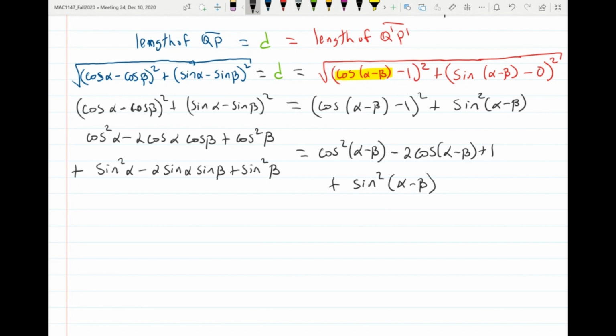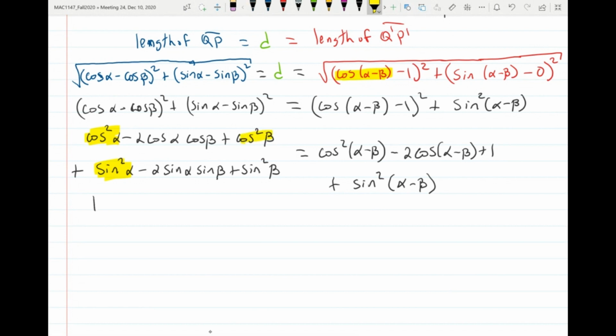Okay, now a lot of nice things start to happen. Notice that on the left hand side we have cosine squared of alpha plus sine squared of alpha. What's that equal to? It's equal to 1. Very good.